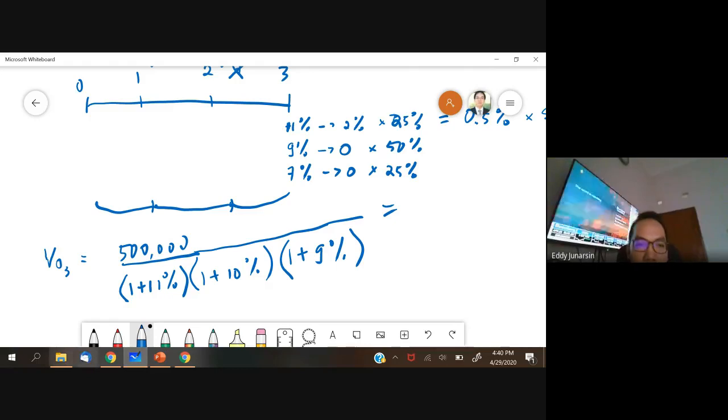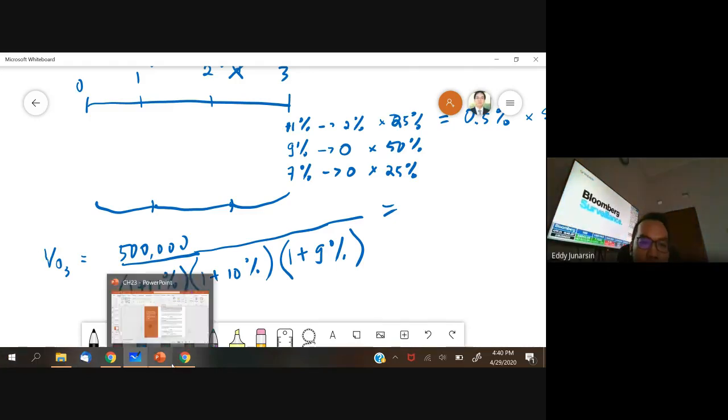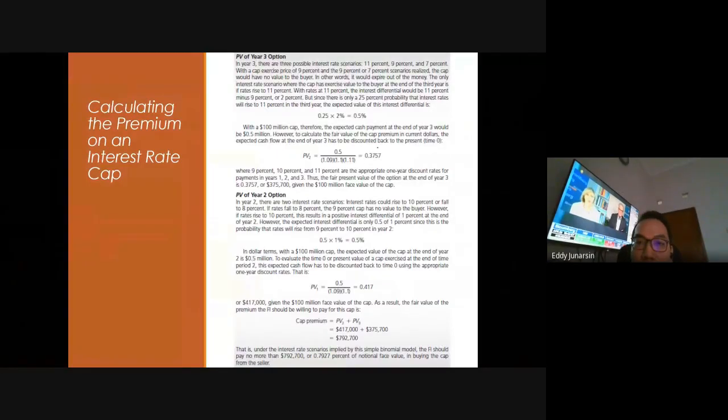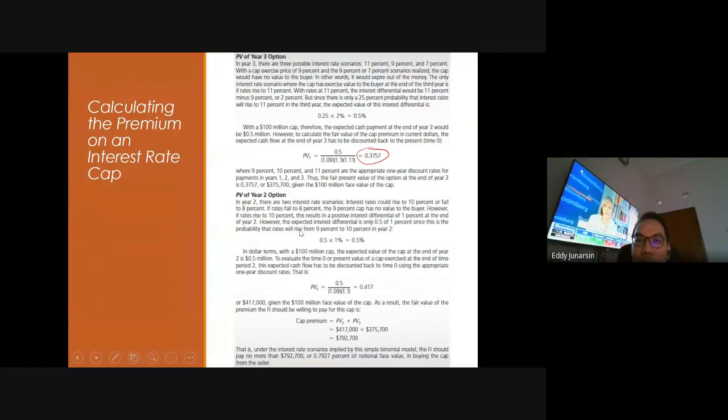So the value of the option in the third year, in today's price, today's value is, we have calculated that, how much is it? This one, right? 375,700.